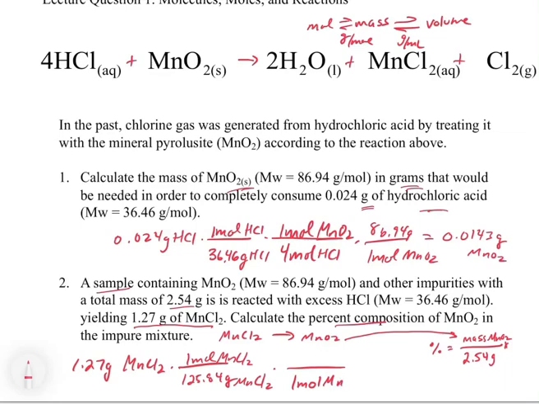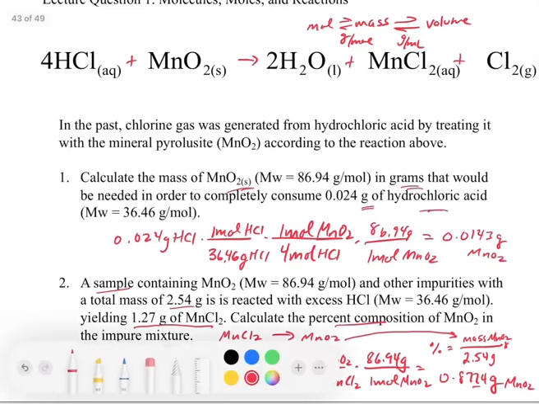For every 1 mole of MnCl2, there is 1 mole of MnO2. And then if we want to get the mass, we use the molecular weight. For every 1 mole of MnO2, there is 86.94 grams. So when you do the multiplication, this gives you 0.8774 grams of the MnO2.